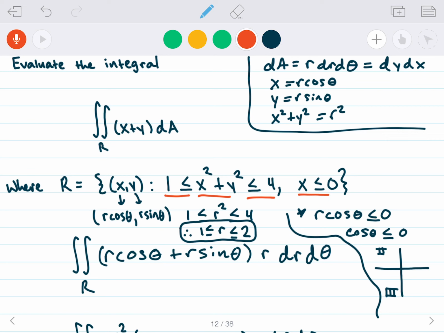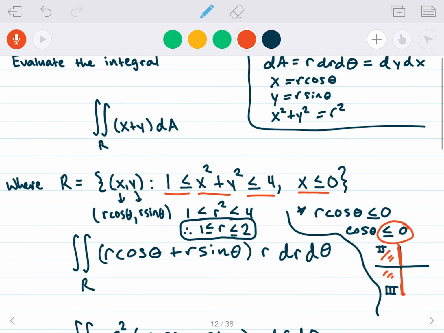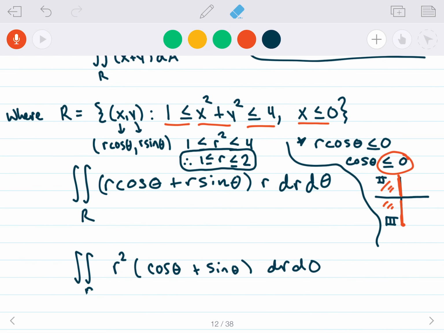And it's also going to include pi over 2 and 3 pi over 2, because it can be less than or equal to 0. At this spot and this spot, its cosine is equal to 0. So this is where my theta is going to vary. It's going to be between pi over 2 and 3 pi over 2. Now I have everything I need to know.